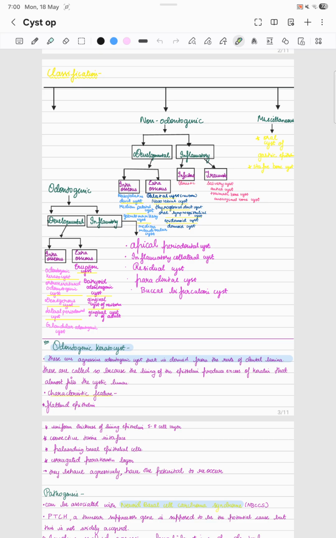Now extraosseous is palatal cyst, nasolabial cyst, thyroglossal duct cyst, oral lymphoepithelial cyst, epidermoid and dermoid cyst.